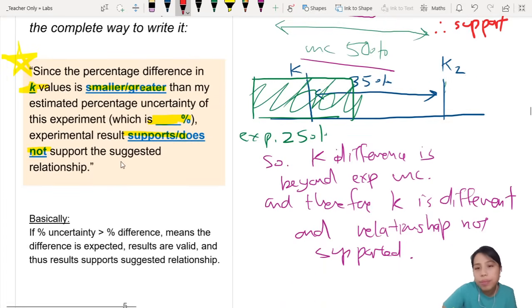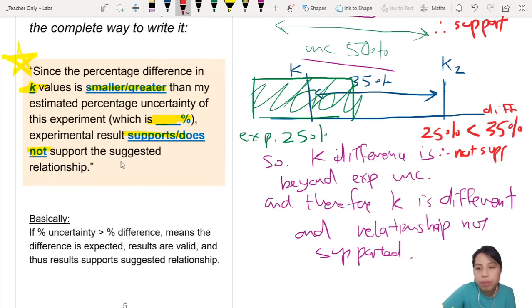In the second one, if your experimental uncertainty, 25%, is smaller than your difference in K, then not supported. That's just it. Okay? So how different are they, and how you can use your data to see if your data supports the relationship or not.